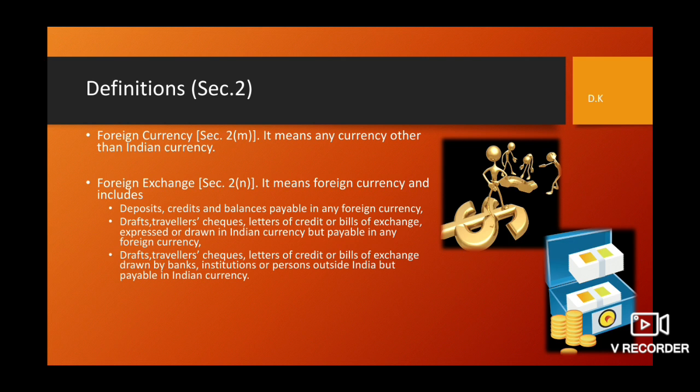And lastly, drafts, traveler checks, letter of credit, bill of exchange drawn by banks, institutions, or persons outside India but payable in Indian currency. So this is about foreign exchange.